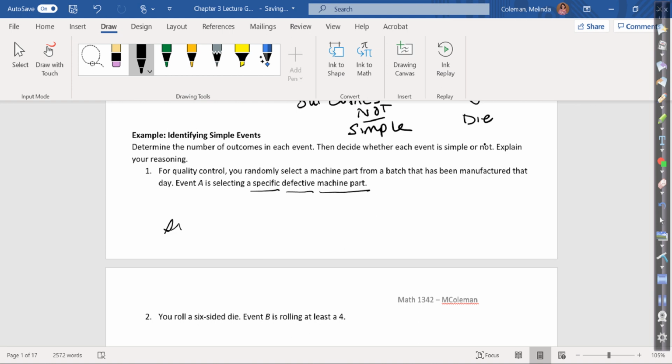So this would be a simple event because you're only selecting one, a specific, infers one. There is one outcome, and that outcome is a defective part.